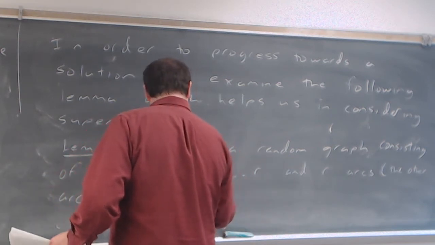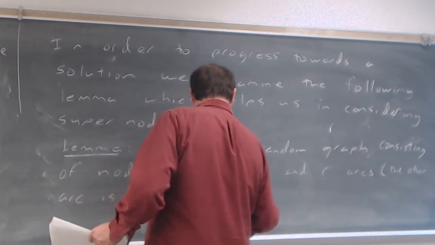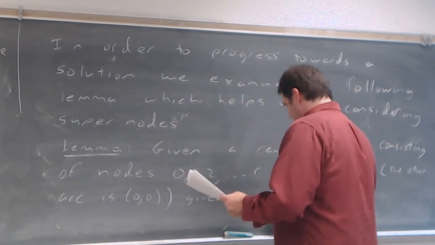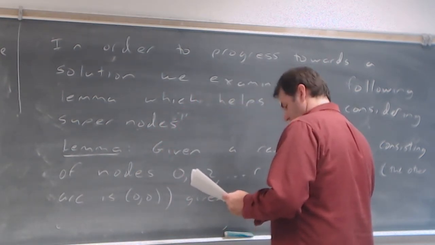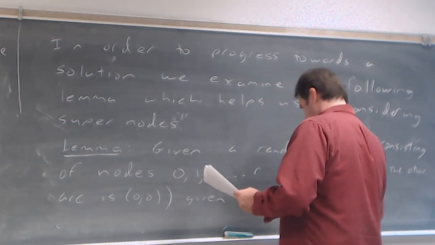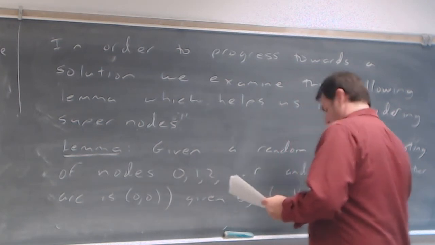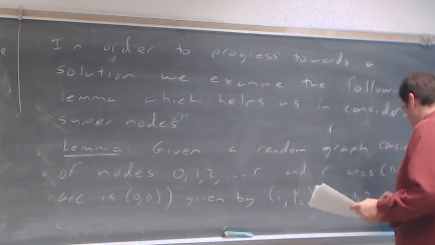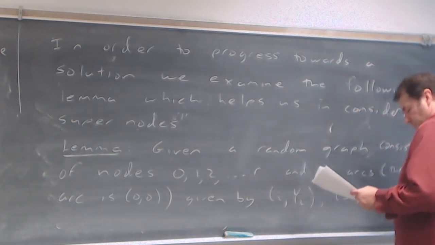So we have these R arcs given by Y sub I, and here we'll say I is equal to 1, 2, all the way up to R. Okay.